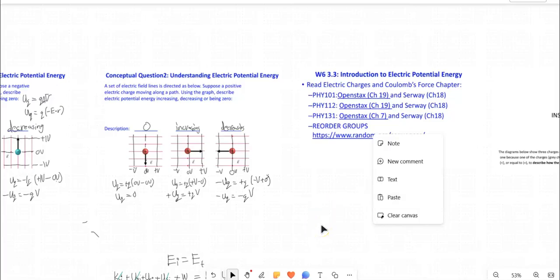And there is a conceptual quiz related to this. So between the conceptual quiz and the tutorial, your conceptual understanding of electric potential energy will be really great. That way, when we start integrating electric potential energy with your other energies that you learned in Physics 111, you'll already have a really good foundational understanding.